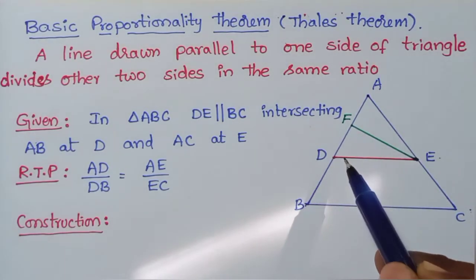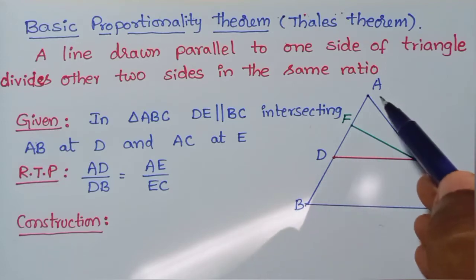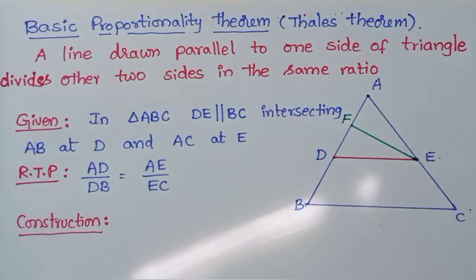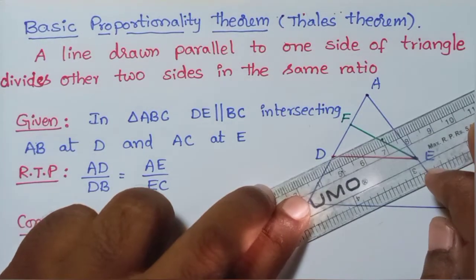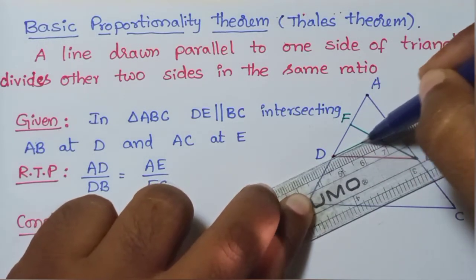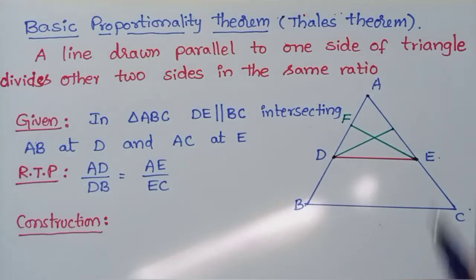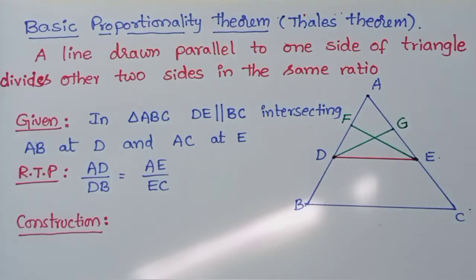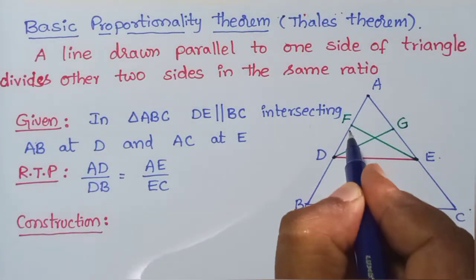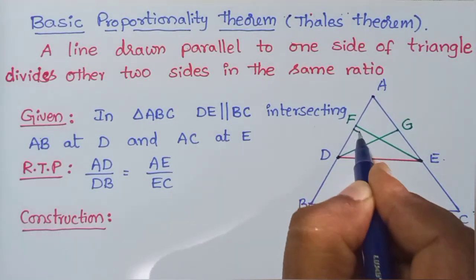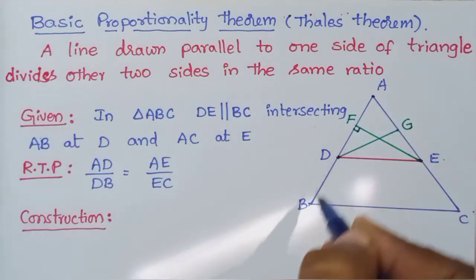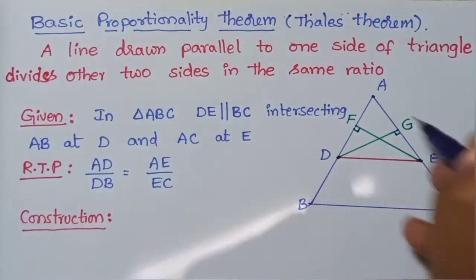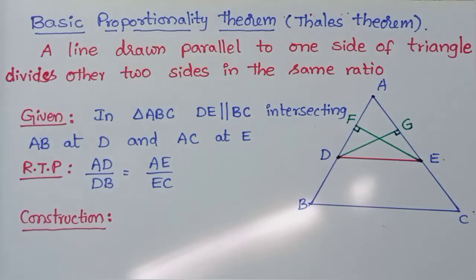Also, we need to draw another perpendicular to AC side from this point D. Let us mark this point as G. Now see students, this EF is perpendicular to AB and DG is perpendicular to AC.